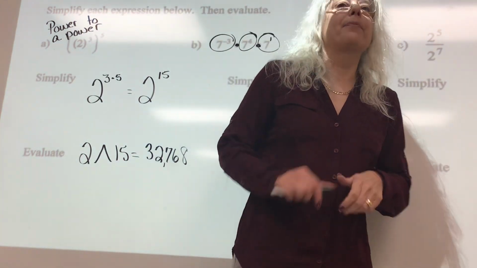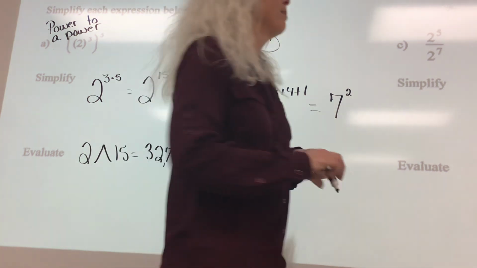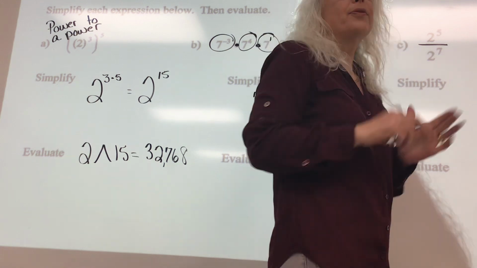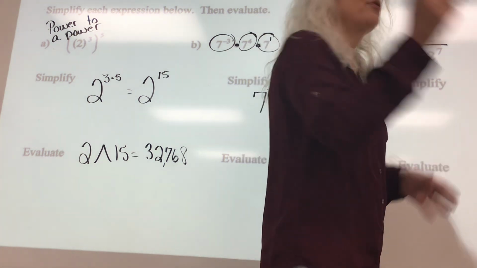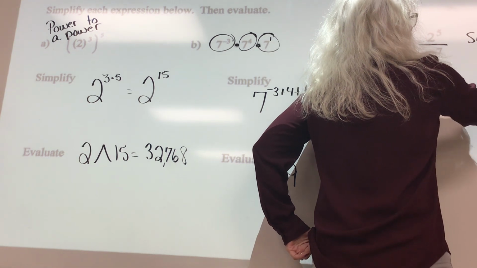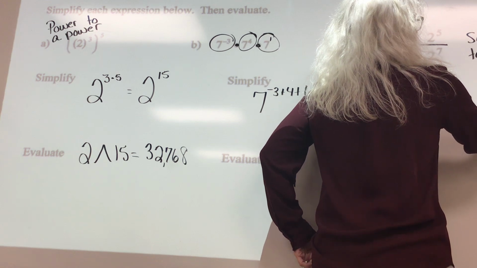Okay, problem C, what type of problem do we have? A division problem. So when we're dividing with exponents, what are we supposed to do to the exponents? Subtract. So subtract top minus bottom.